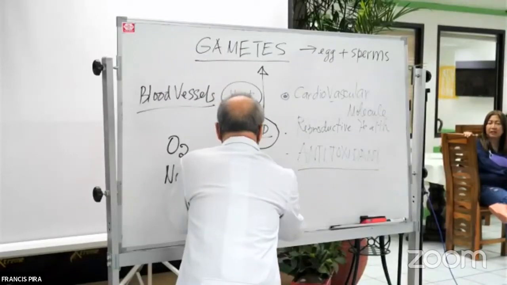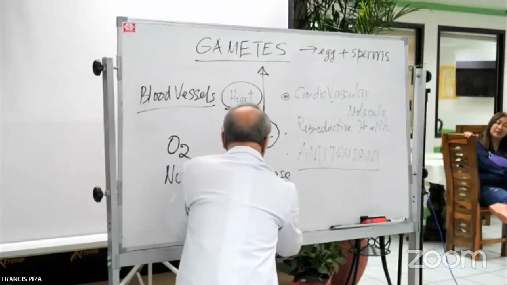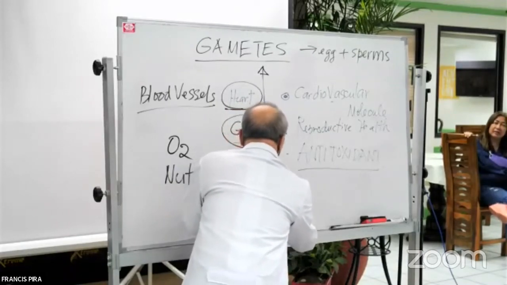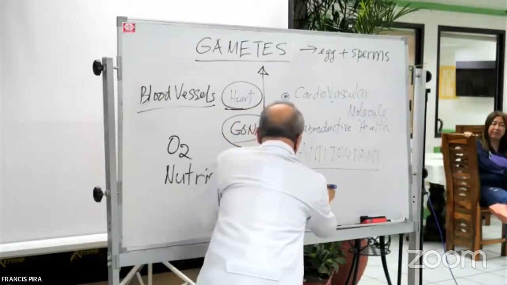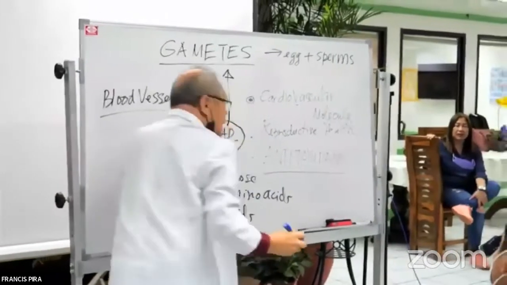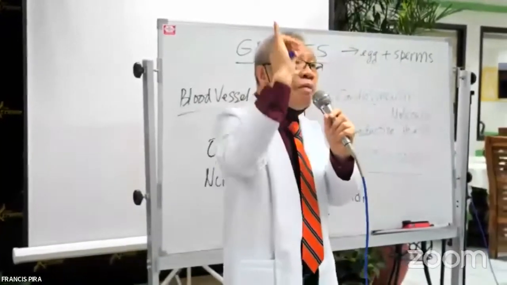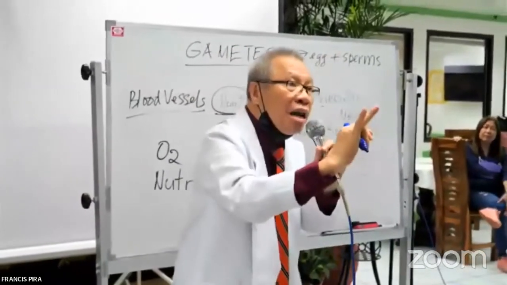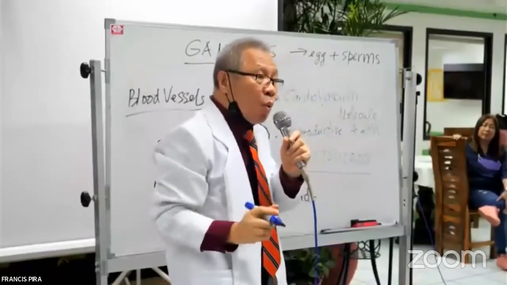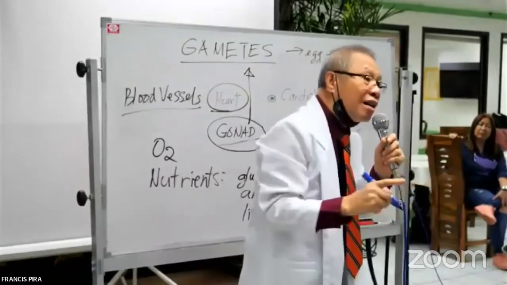Sugar, glucose, amino acids, lipids. There are three kinds of lipids: fats, oil, and cholesterol. What is the difference between a fat and an oil?